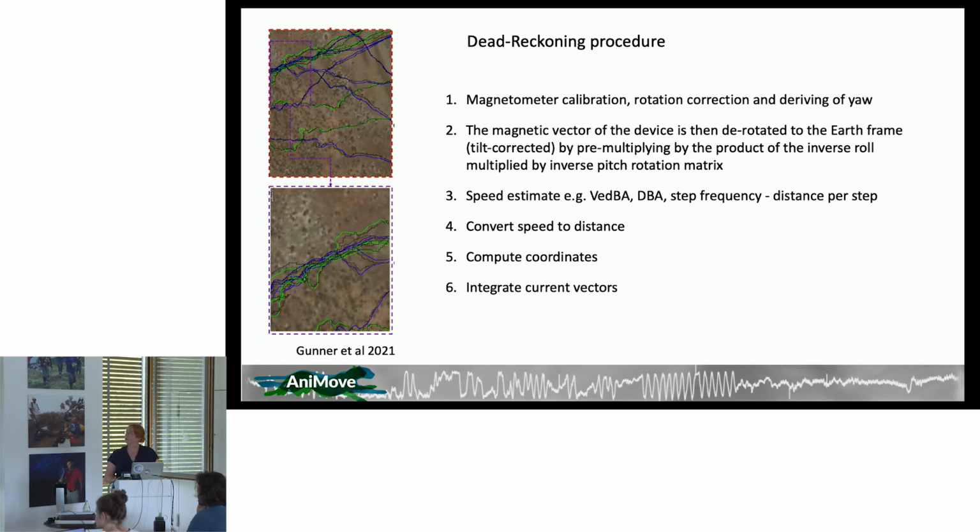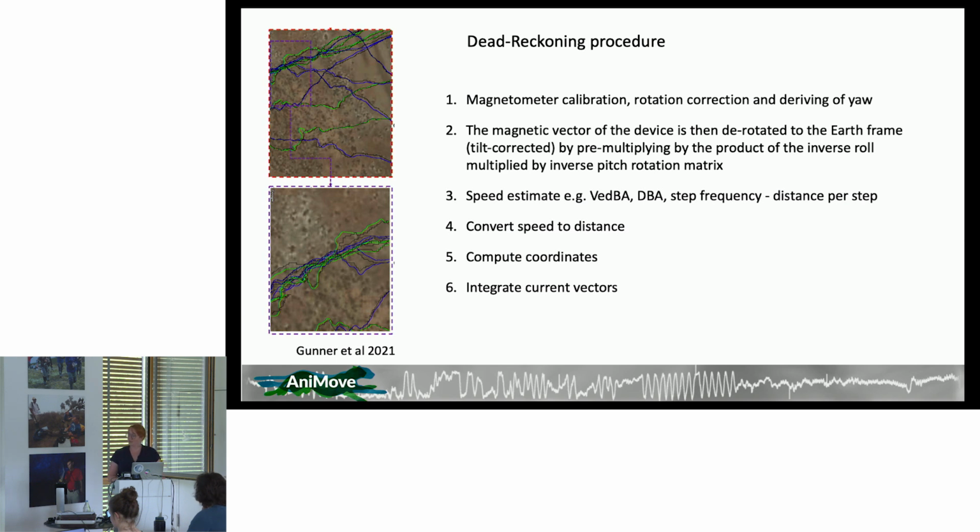We use the MAG to get the rotations, this yaw value relative to north. We then have to put it onto Earth by accounting for the pitch and roll in the acceleration. We add our speed metric to it, which is either flapping frequency or DBA, convert that to distance, and then recompute our new positions between GPS.